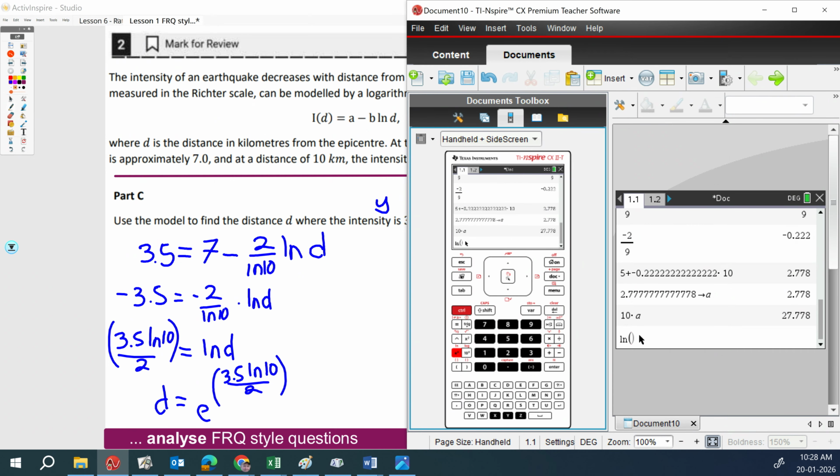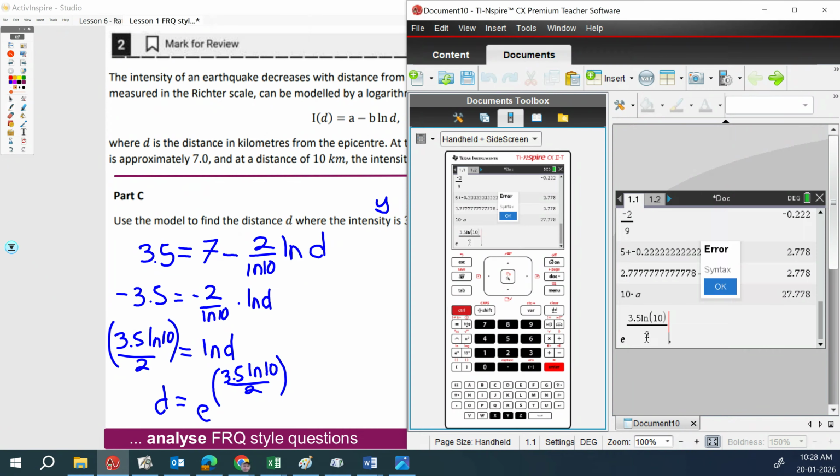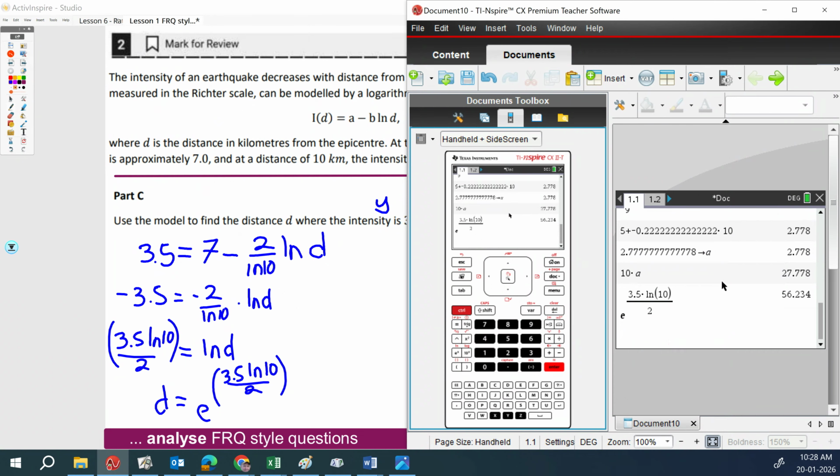So e to the power of, and then I want a little fraction, 3.5 ln 10 over 2. Control Enter. Got a syntax error. Got that decimal point. Control Enter.